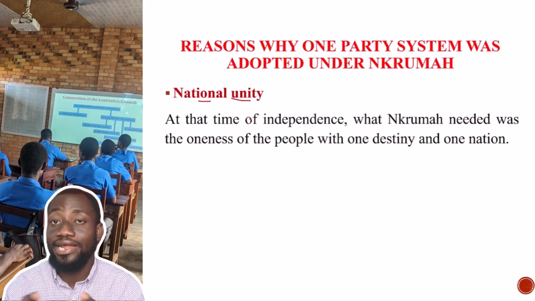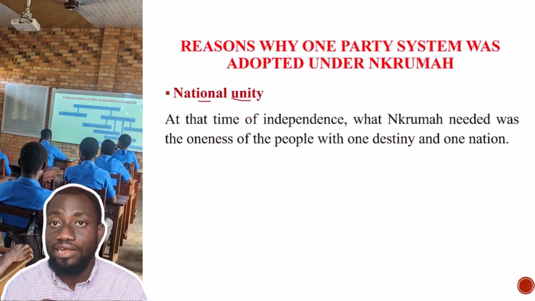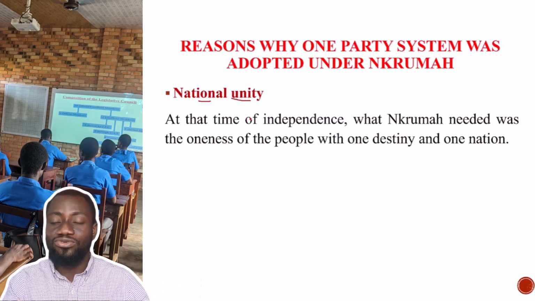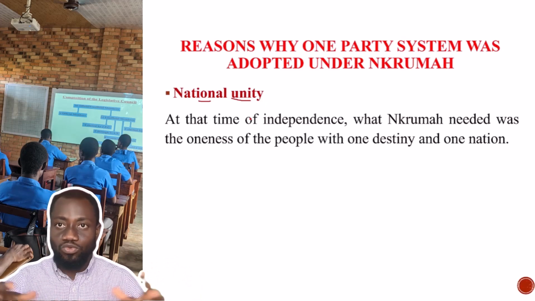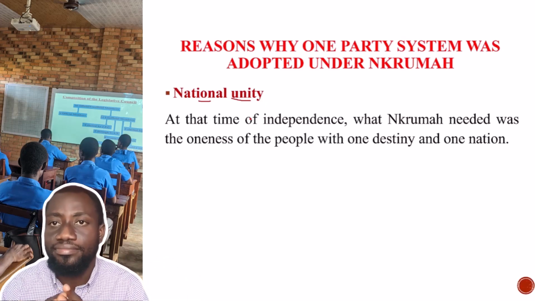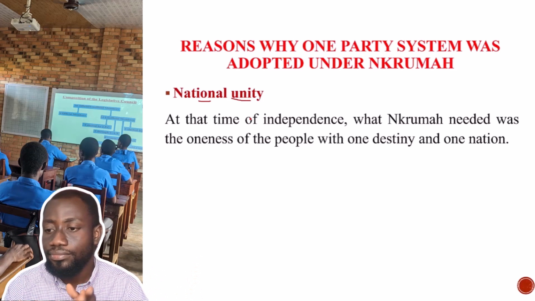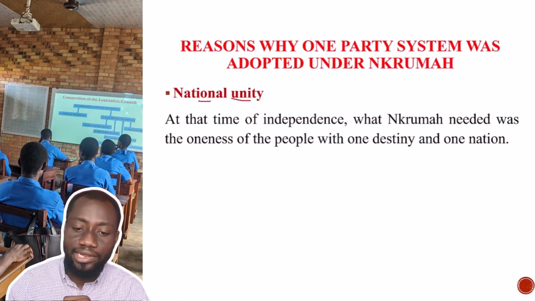Even today that we have that dam, look at the state of our power situation in this country. So had the dam not been constructed, you can imagine what we would be in as a country. So this opposition was what Nkrumah didn't want at that time. So that is national unity.